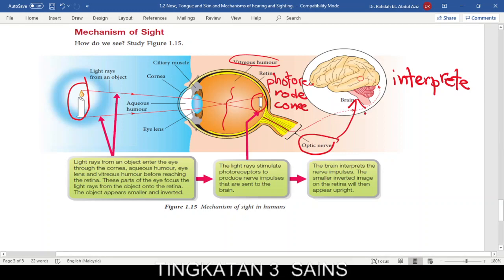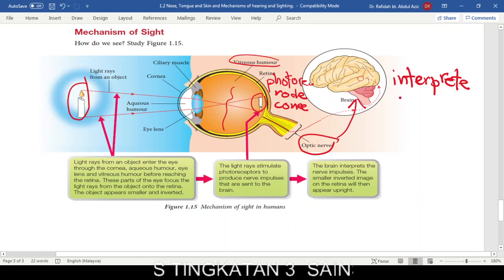The image that the brain receives will be seen as the real object, meaning that even though the image formed on the retina is smaller and inverted, the brain will interpret it and change it to the real position.